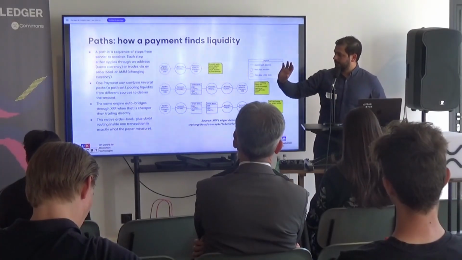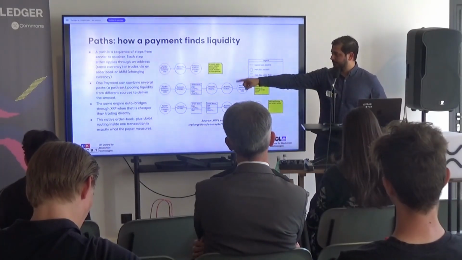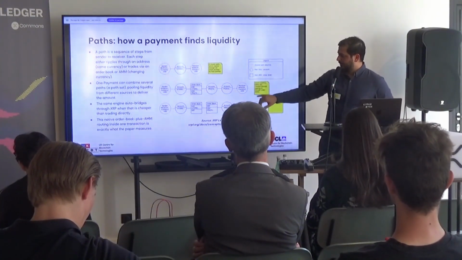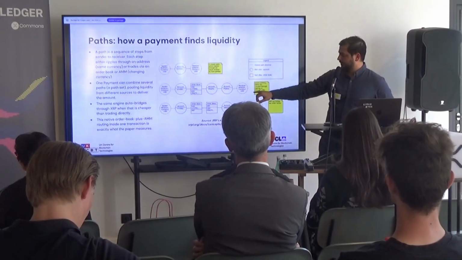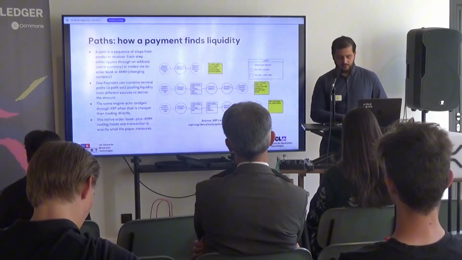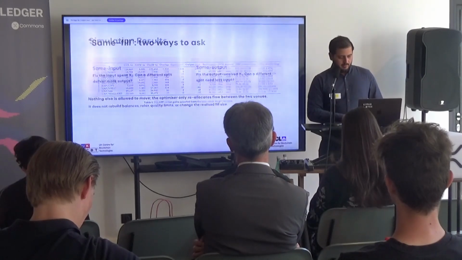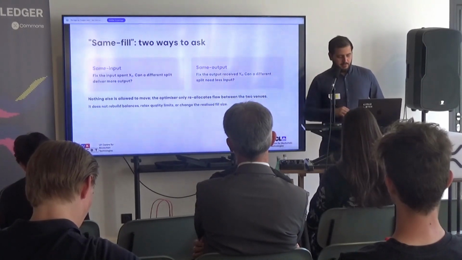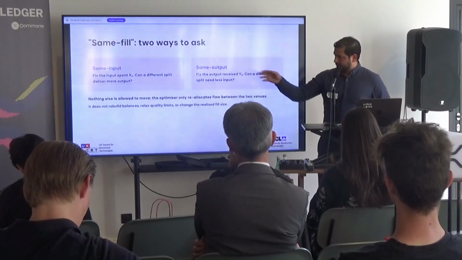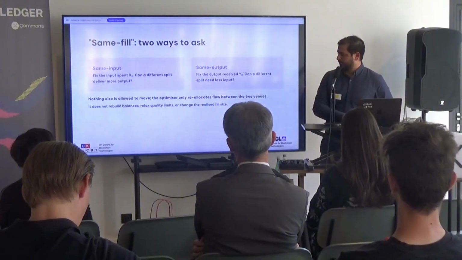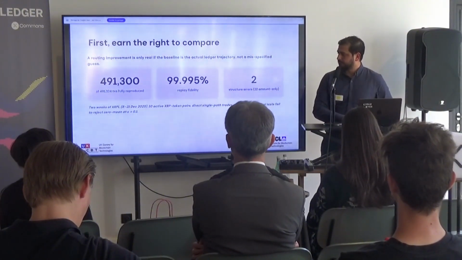If we freeze 1,000 Mexican pesos, what's the path combination that can allow us to get a higher amount of US dollars on the other side? So this is pretty much it. When I say X, I'm referring to the token being spent, and Y is the token that we are receiving on either side.